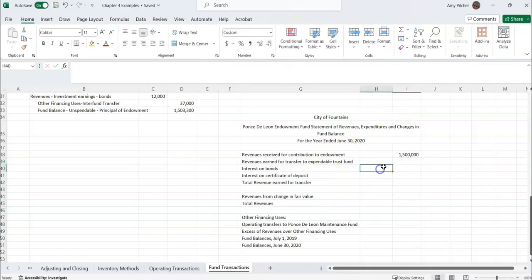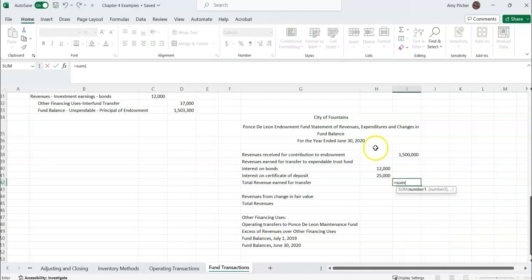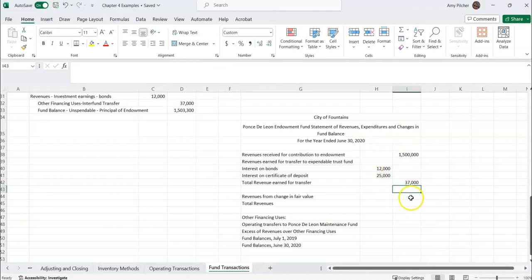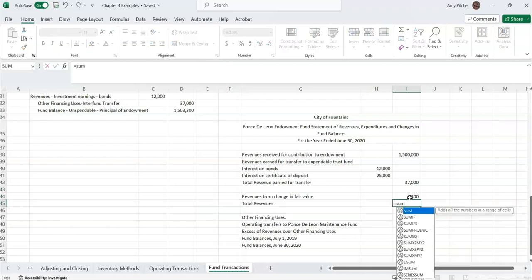And then we received interest on bonds and interest on our certificate of deposit. So we have the revenue earned for transfer was $37,000. And then we had the additional $3,300 from that change in fair value of our bonds.